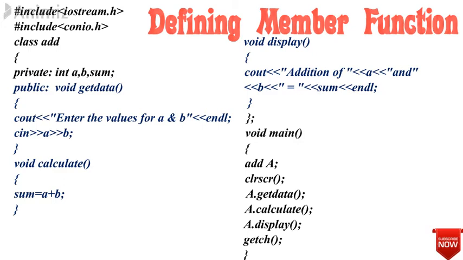Once the display is been written, then the class is been closed after display member function, and all these three member functions are called in void main. You can note one thing: while defining a class member function inside the class, we don't use any scope resolution before member function, or neither class name or class label is used before member function.